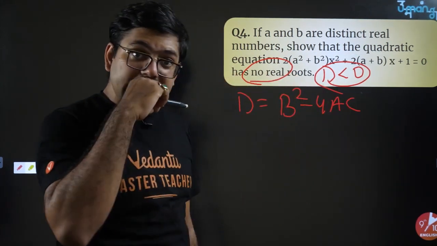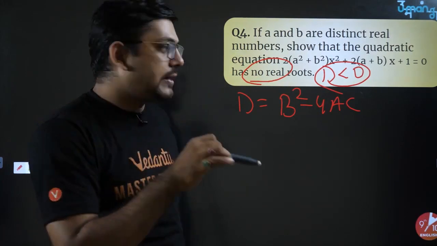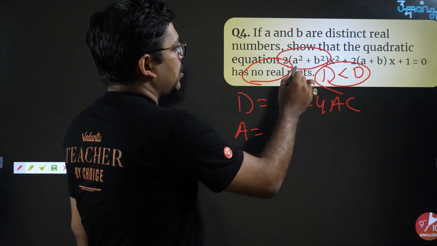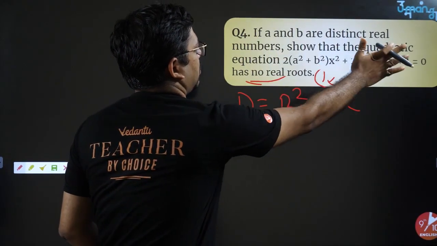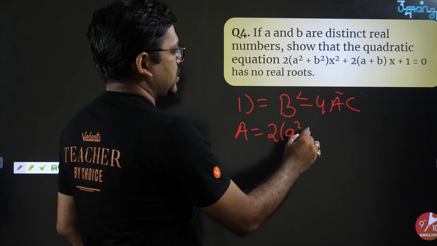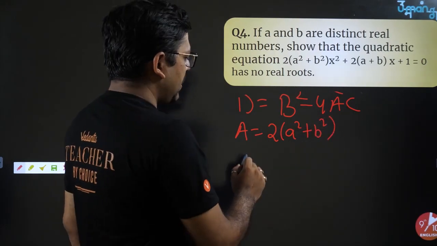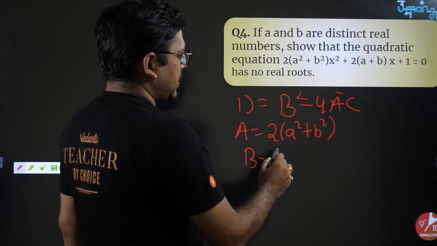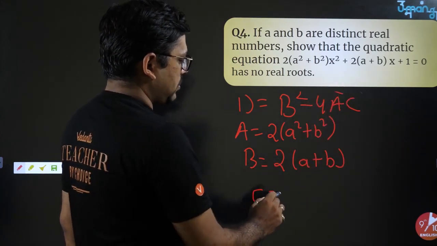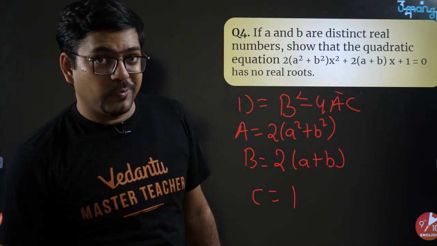And I should precisely explain or write the value that here I am assuming capital A to be this one. I should precisely write that I am assuming A as 2 times A square plus B square, B as 2 times A plus B, and C as 1. This is what I am assuming here for this question.